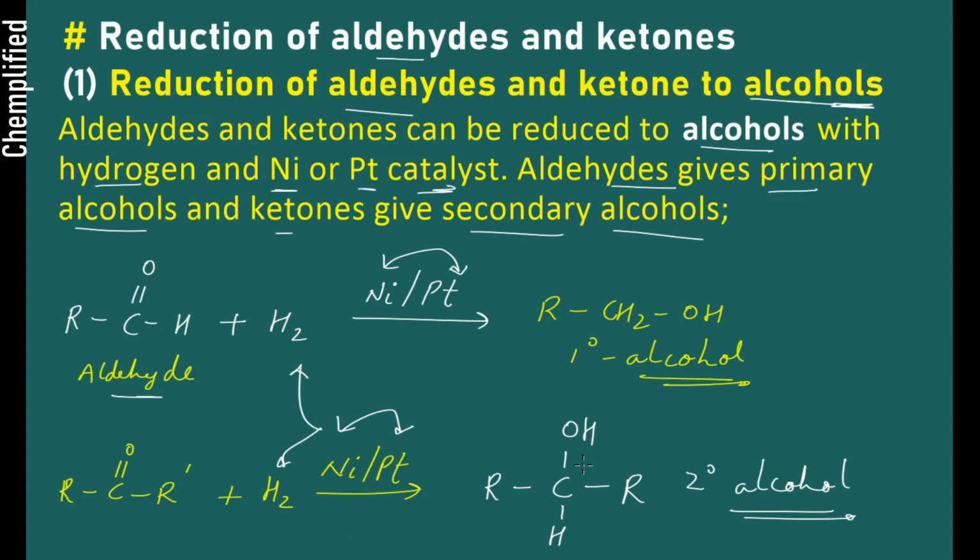So aldehyde will be converted to alcohol. If oxidation is occurring, then aldehyde will be converted to carboxylic acid, right? So in this case, ketone will be converted to secondary alcohol and aldehyde will be converted to primary alcohol. So this was our first reaction.